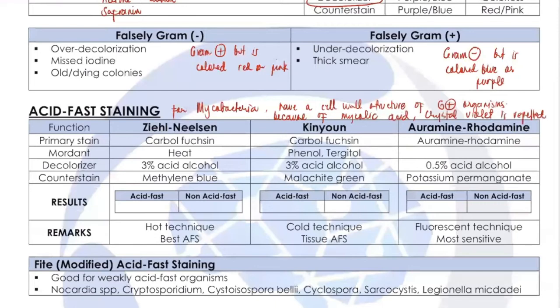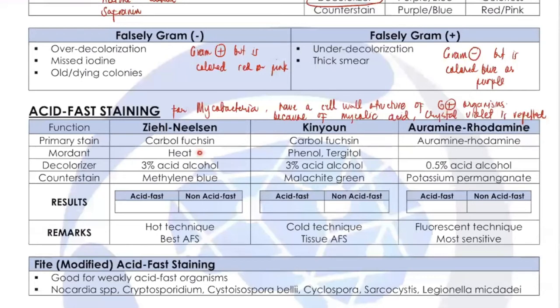We have many types of acid-fast staining because there are a lot of modifications of it, but I've listed here the main ones. We have the Ziehl-Neelsen technique. For the Ziehl-Neelsen technique, we have carbol fuchsin as our primary stain.